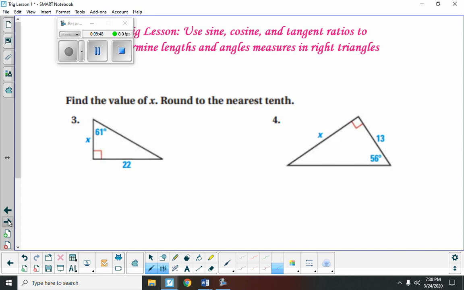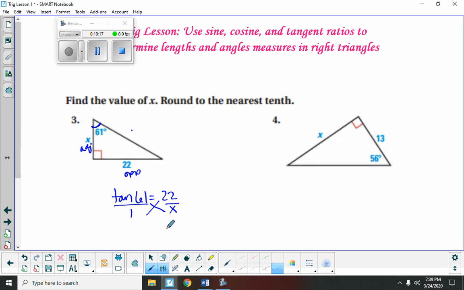All right, let's do another one. We want to find the value of x. So first thing you do, mark the angle, label the sides, opposite, and then this would be the adjacent. Remember, this is the hypotenuse, but they didn't give us a number there, so we won't worry about that. So the opposite and adjacent, that's tangent. So the tangent of 61 equals the opposite over the adjacent. And again, I'll write that over 1, and I will cross multiply.